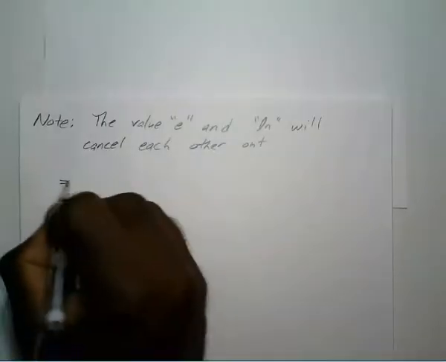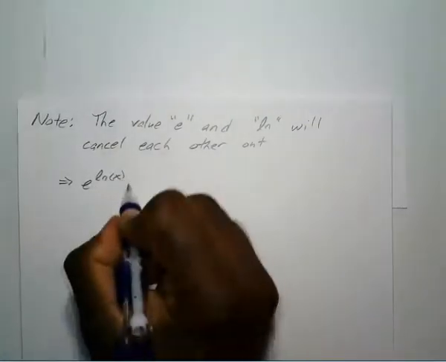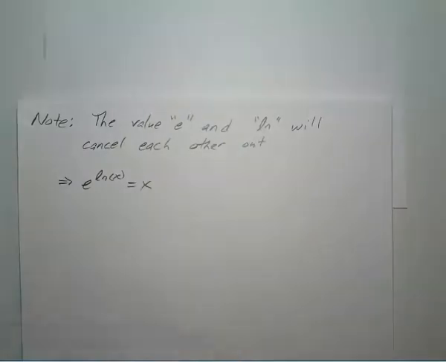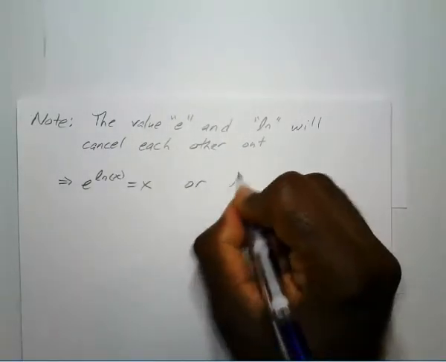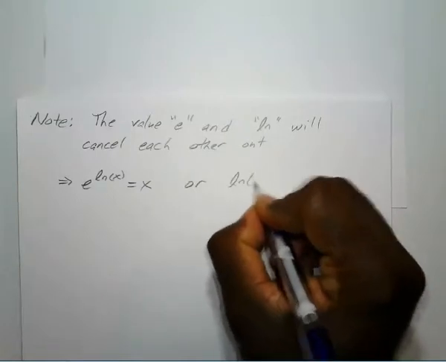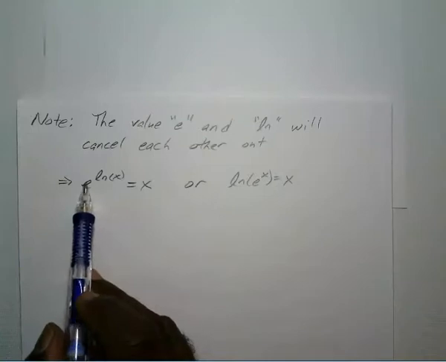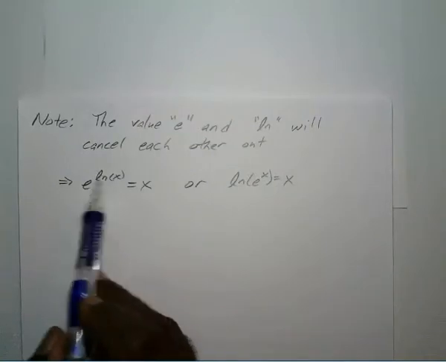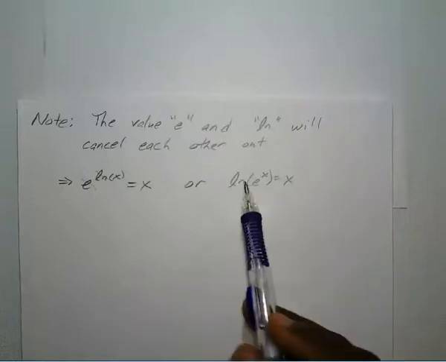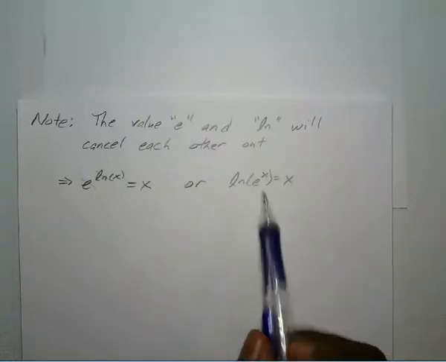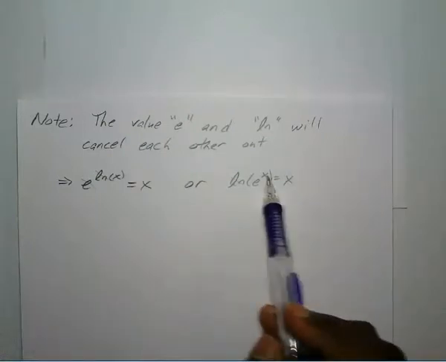So what that means is that e to the power of natural log of x equals x, or natural log of e to the power of x equals x. So e to the natural log of x, the natural log and the e will cancel out, leaving just the x value. And we have natural log of e to the power of x, the natural log and the e will cancel each other out, just leaving your x.